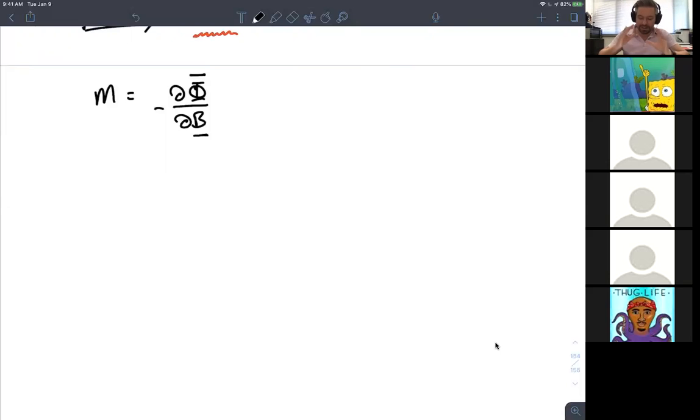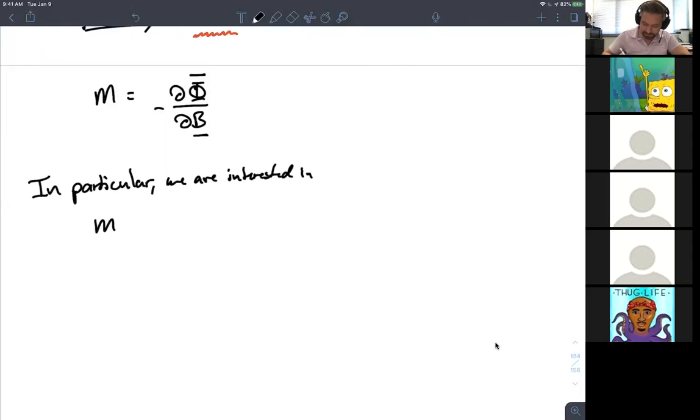Now, magnetization, that's what we're after. In particular, we are interested in this magnetization at zero external magnetic field. All right, because you guys have played with magnets before, right?